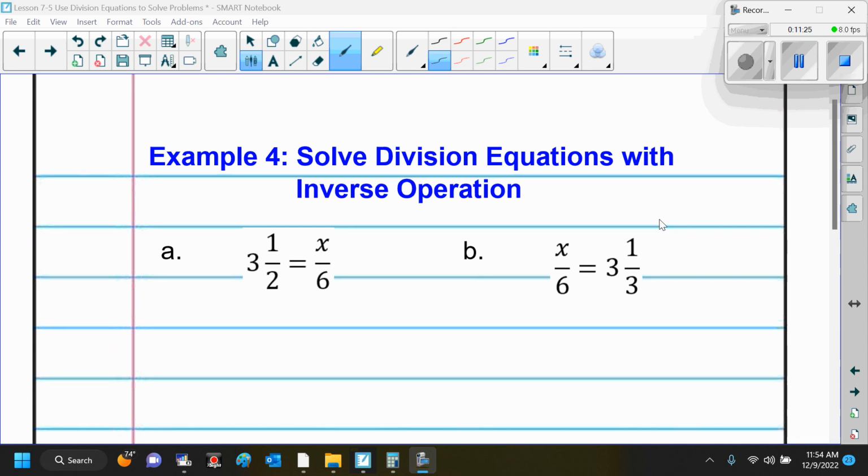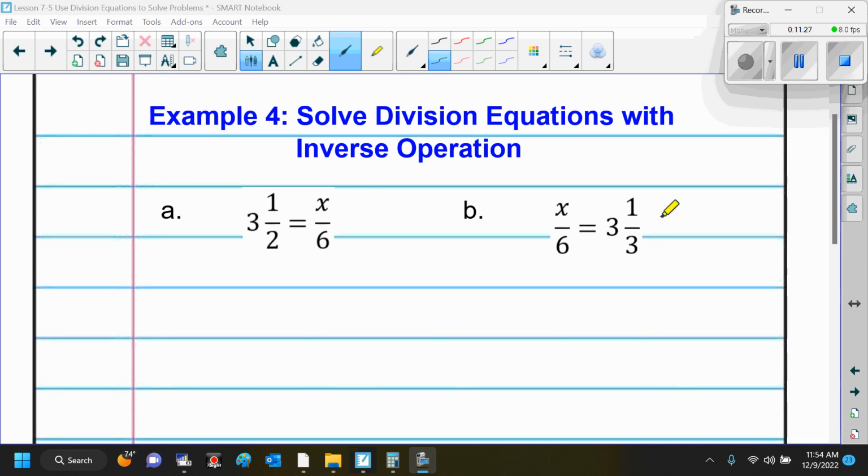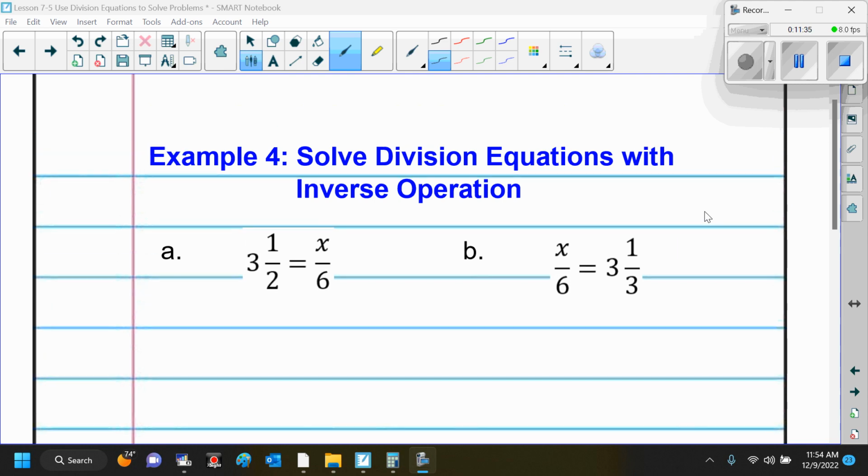Example 4 is solve division equations with inverse operations. Now, what do you notice about these problems? We've got mixed numbers, right? Can I get a reciprocal?